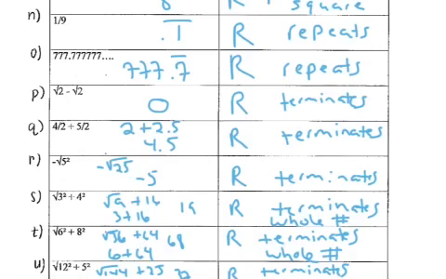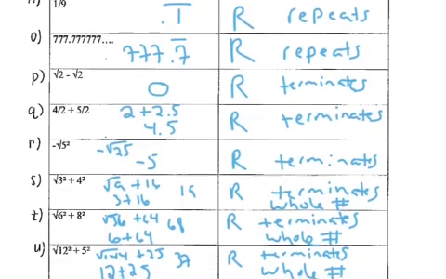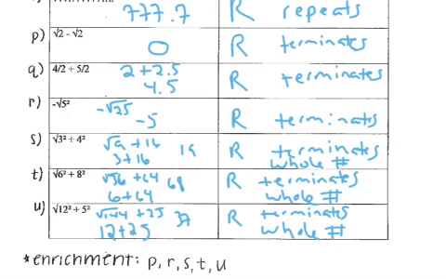Q is 4.5, which would be rational because it terminates. R is rational. S is rational because I would have a whole number. T is rational because if you do all the math, the square root of 6 squared plus 8 squared would be 68, which is rational. And U is also rational.